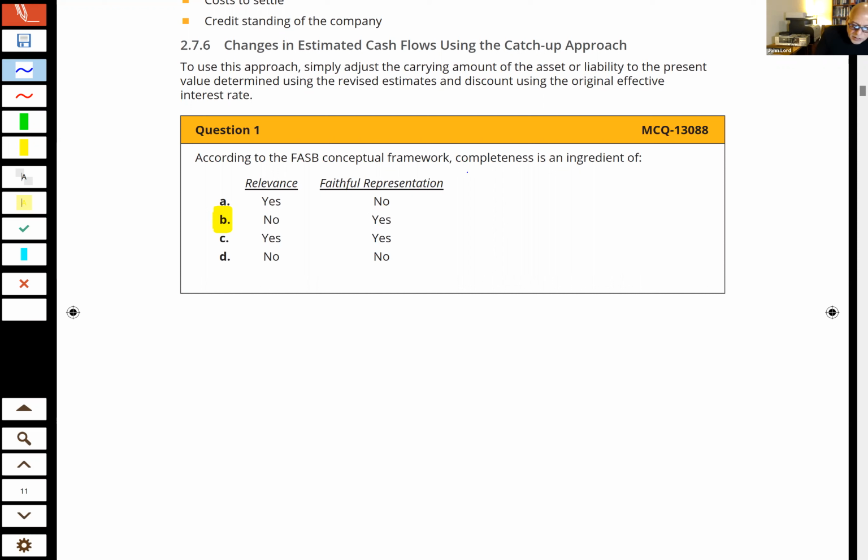So they're asking us, is completeness an ingredient of each? Choice C, which a couple of us picked, is yes, yes. Neither relevance nor faithful representation, which are primary characteristics of accounting information, share an ingredient. So yes, yes is incorrect.